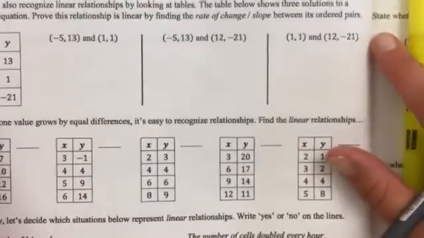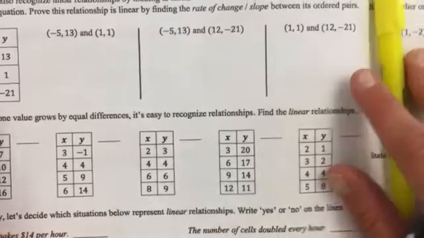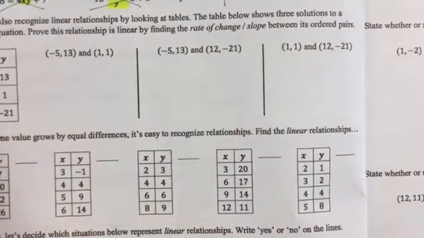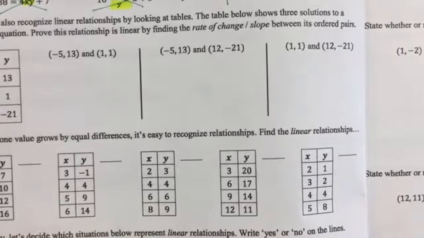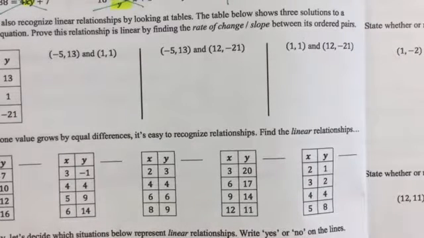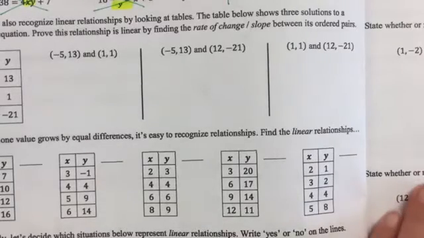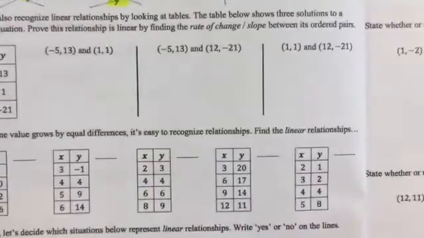Okay, so now we are going to talk about how we can also recognize linear relationships by looking at tables. The table below shows 3 solutions to a linear equation. Prove this relationship is linear by finding the rates of change or slope between its ordered pairs. Okay, so you guys, we haven't really done anything with slope.